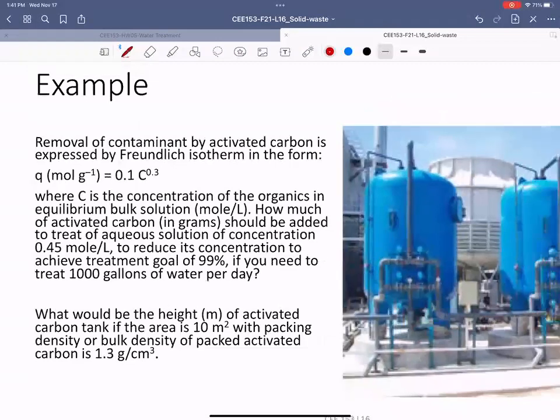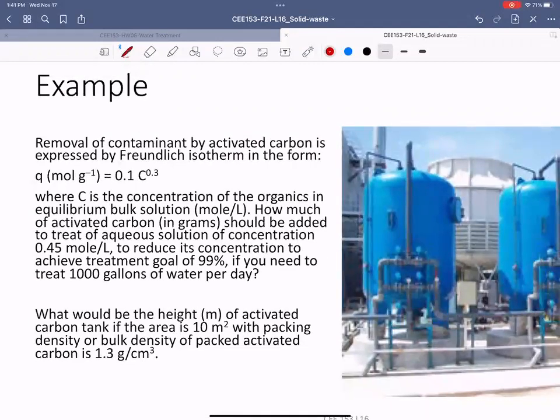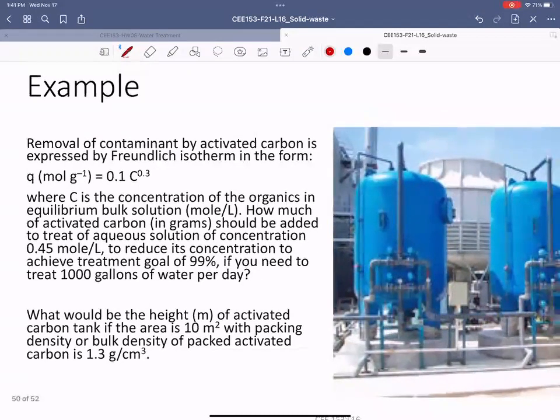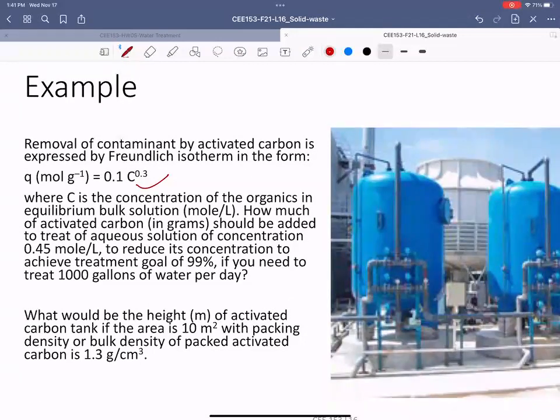All right. So removal of a contaminant by activated carbon is expressed by the Freundlich isotherm in the form of this. So what it means is Q equals 0.1 C to the power 0.3. This C is the concentration of organic in equilibrium with the bulk solution. What it means is, what's the remaining pollutant in water after adsorption occurs.